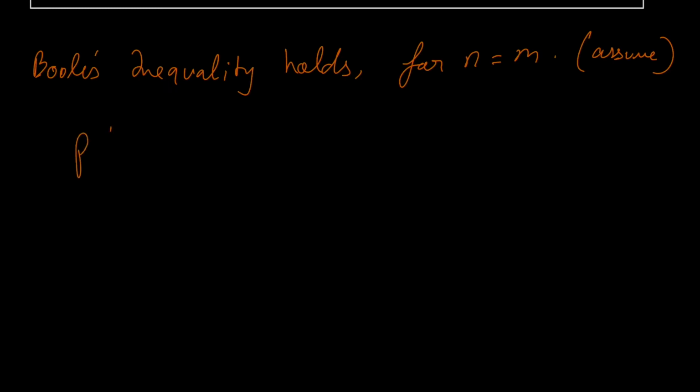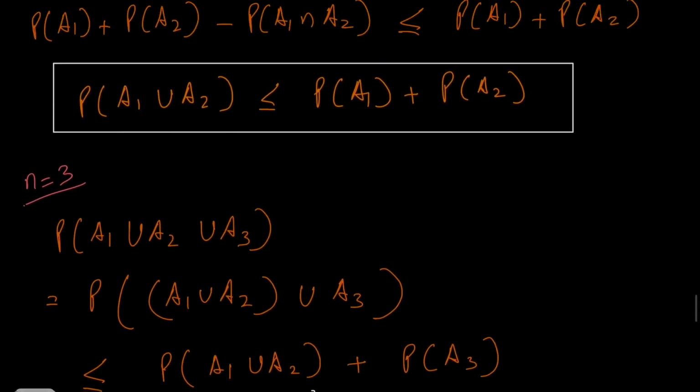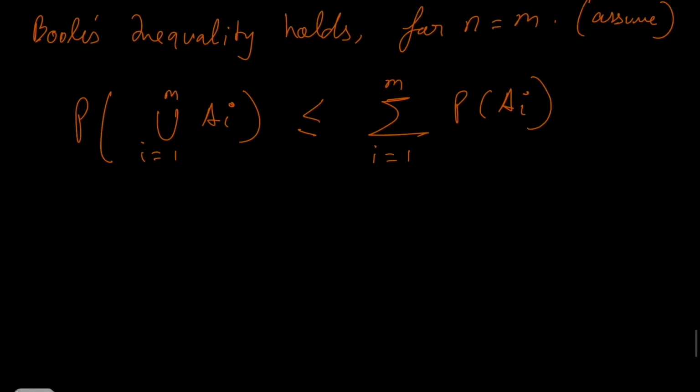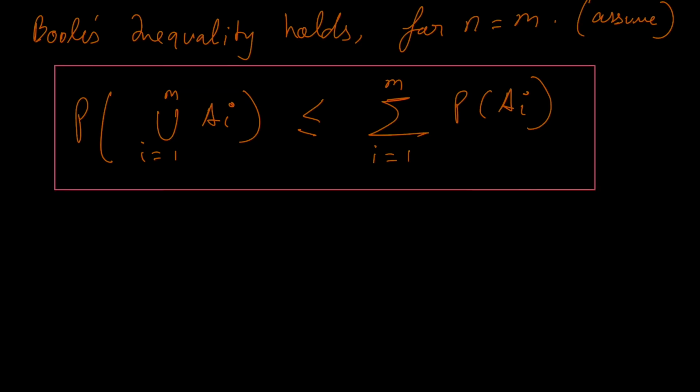So let us write it down. P of union of i equal to 1 to m Ai is less than or equal to summation i equal to 1 to m probability of Ai. Let's define this one as equation 1 and this one as equation 2.